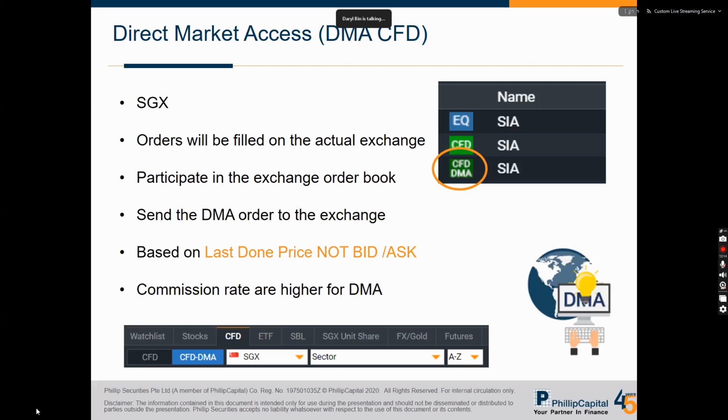Do note that this will be done based on the last done price, not the bid ask price. At this point, we might think that DMA is better because it provides transparency and we are able to monitor it via the exchange. Yes, it is better, but for the transparency, we actually have to pay a higher commission rate.